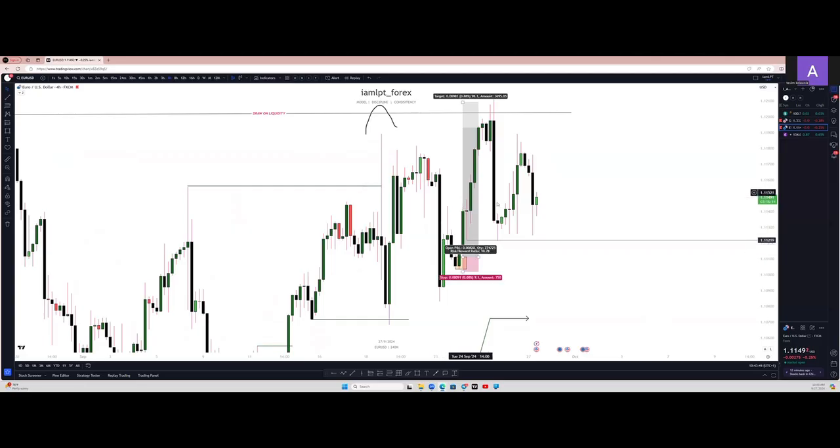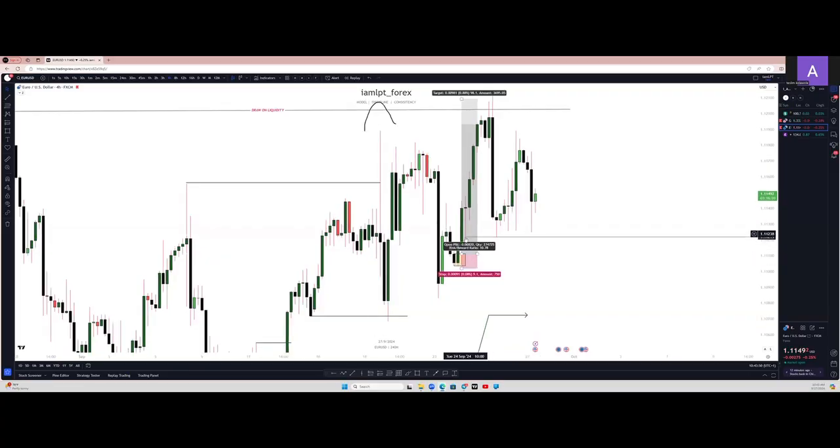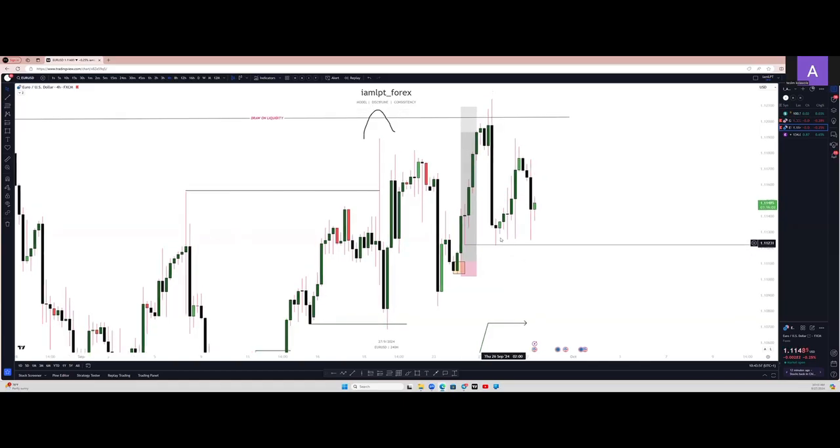Do you understand? So market returned back and saw liquidity. We have another liquidity grab below this particular low. Then I waited for my candlestick formation, right? After this candle low, this candle. After this candle was where I got my entry.